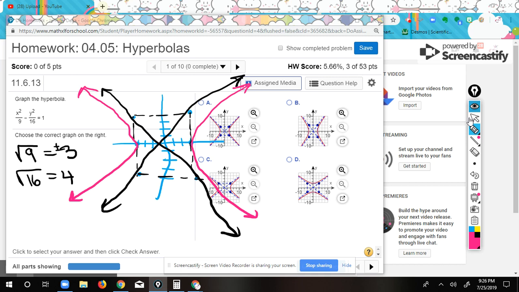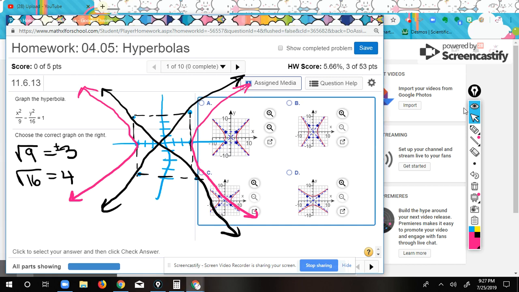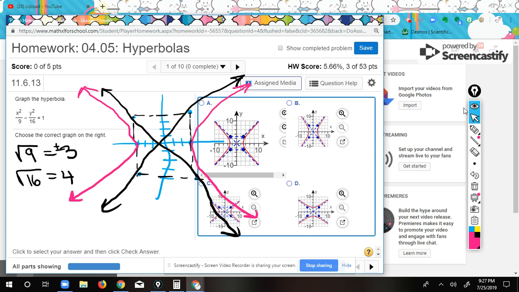Beautiful. So I have to look for which one should have points at 3, 4, and then negative 3, 4. That's not this one. Oh, it's hard to tell. This goes by 2s, I think. This looks like 3, 3.